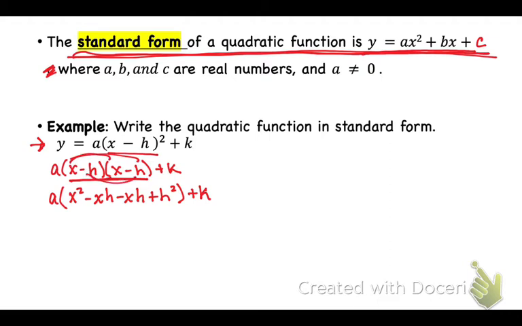So these two combine together to be 2xh. And then I have to multiply everything by an a. So I have ax squared minus 2axh plus ah squared plus k.